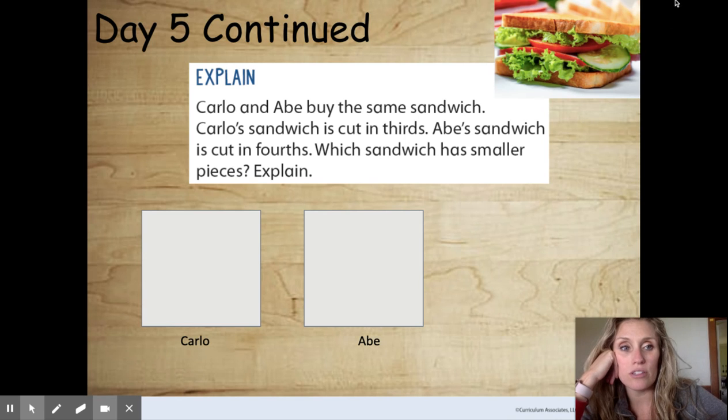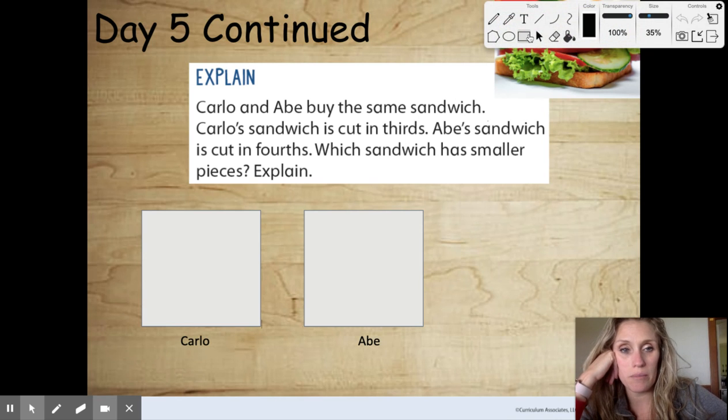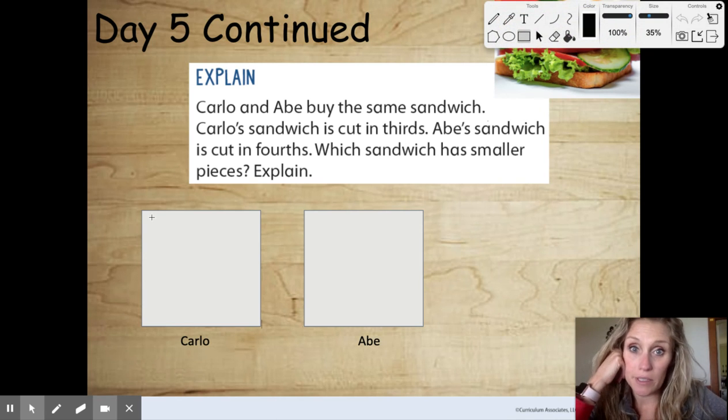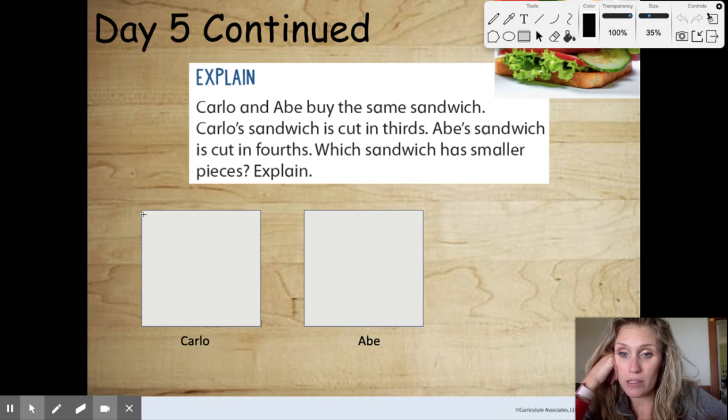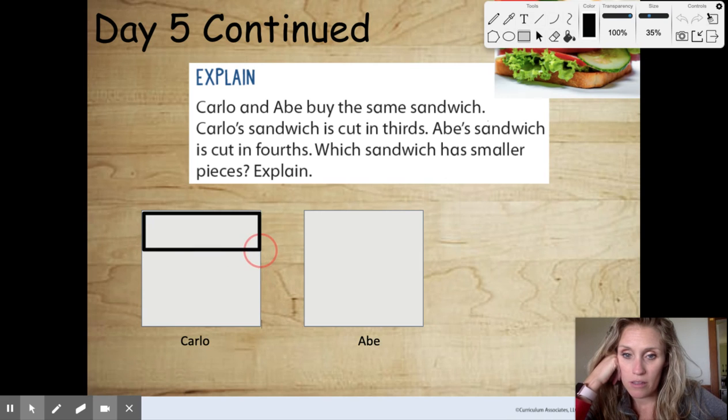Maybe I'll go ahead and do Carlo's sandwich. So let me get my tools ready. Here I go with my thirds again. I'm going to try my best. Okay, maybe I'll try it this way this time. Okay, so he has a sandwich and he's going to cut it in thirds. So there should be about 3 equal parts there. Oh, I'm doing a little better this time.